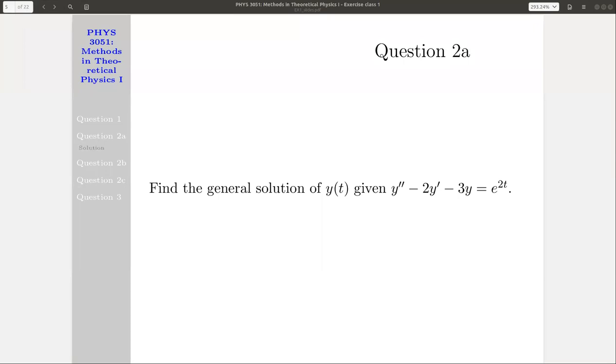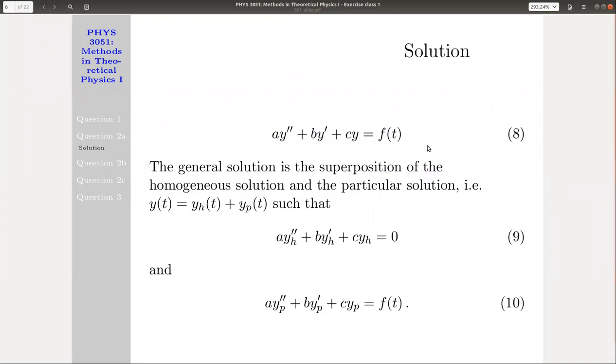For this type of differential equation, the general solution would be a superposition of the so-called homogeneous solution and the particular solution, which are YH and YP here.